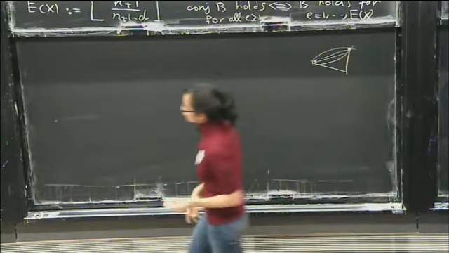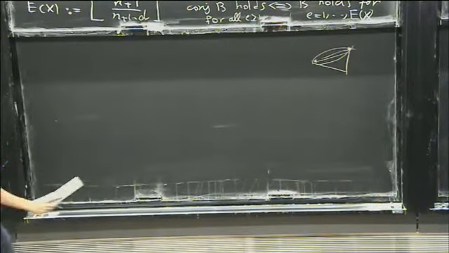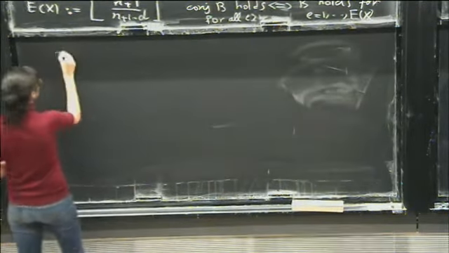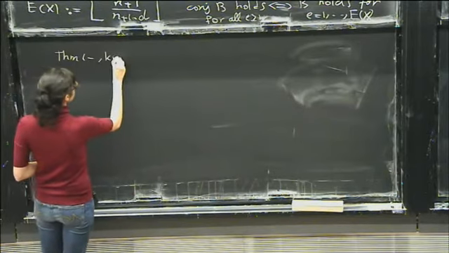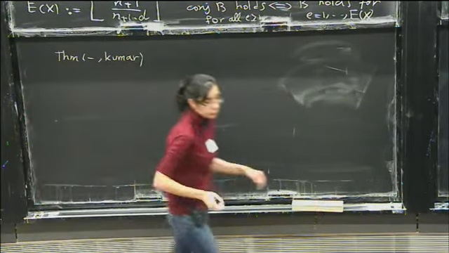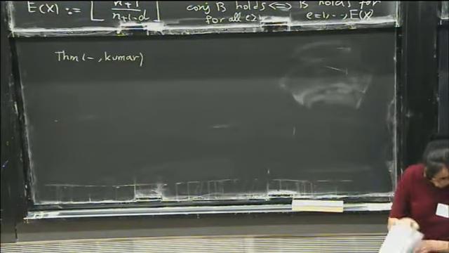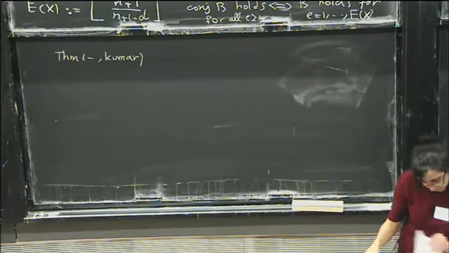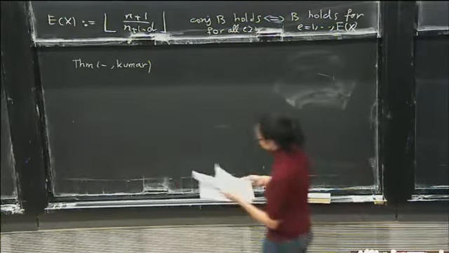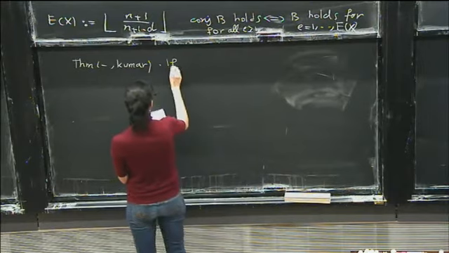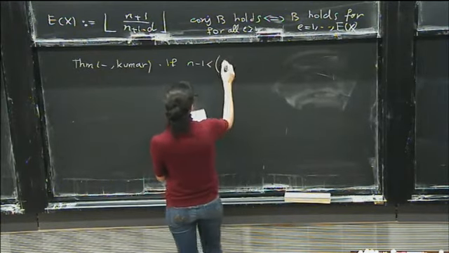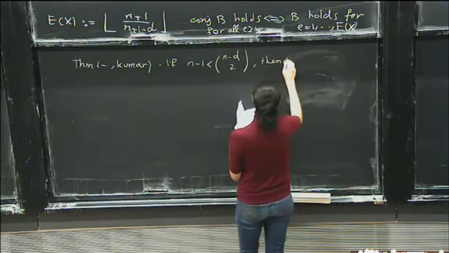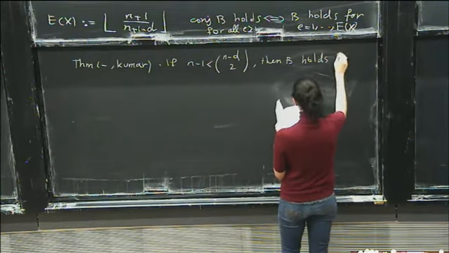So we take care of the case of E equal to 2, and this is what we prove: that if n minus 1 is less than n minus d choose 2, then conjecture B holds for E equal to 2.